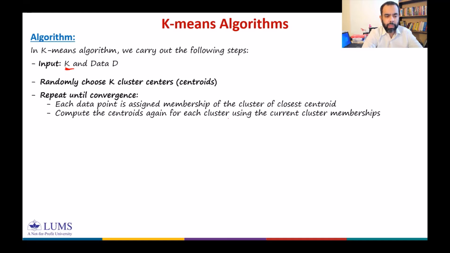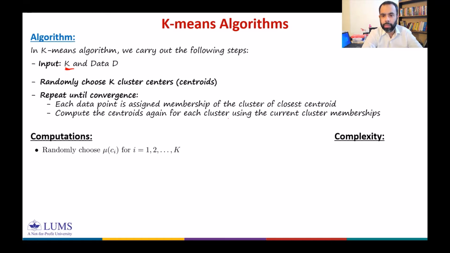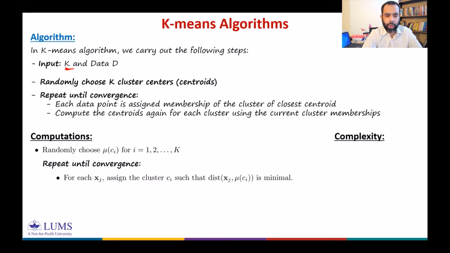Okay, what are the computations involved in these steps, and what is the complexity of the algorithm? These computations involve: we randomly choose centroids mu for each cluster Ci, and we repeat until convergence. The first step is, for each data point xj, we assign the cluster Ci such that the distance between xj and the cluster centroid mu Ci is minimized.